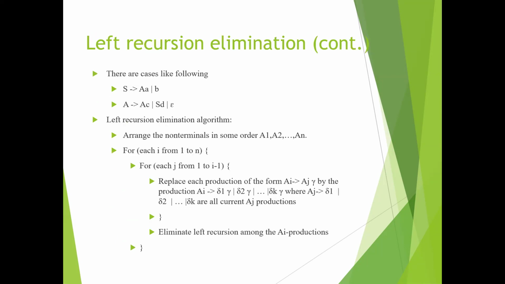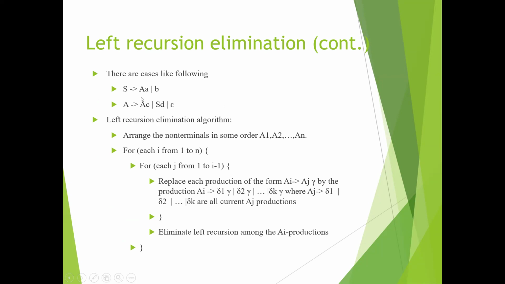So here we have seen one more example: S which produces A or B, and A which produces AC, SD and epsilon.